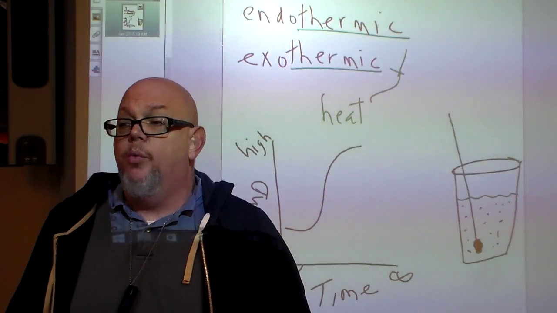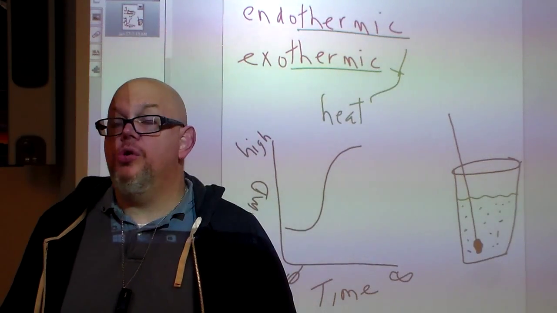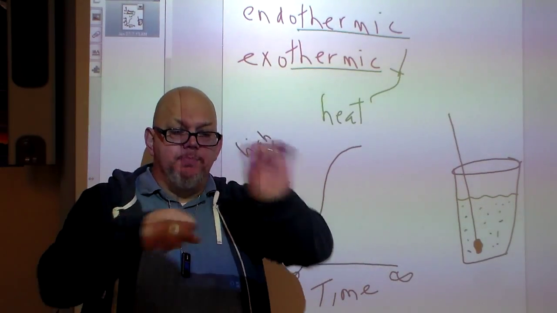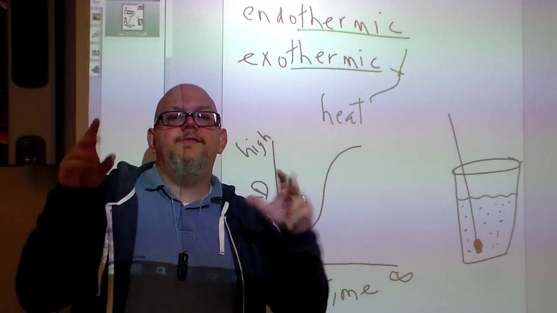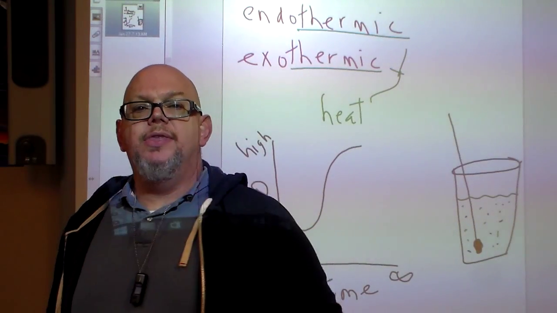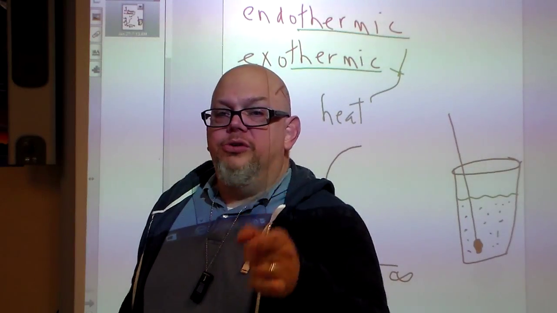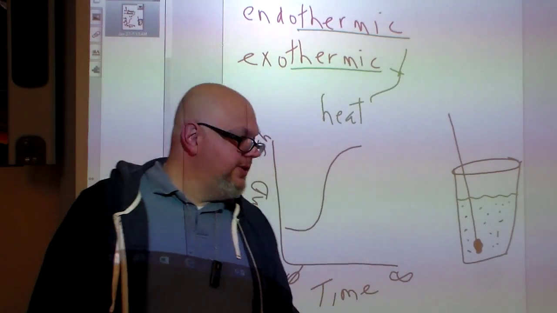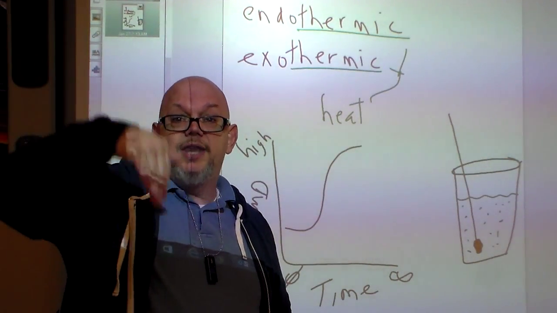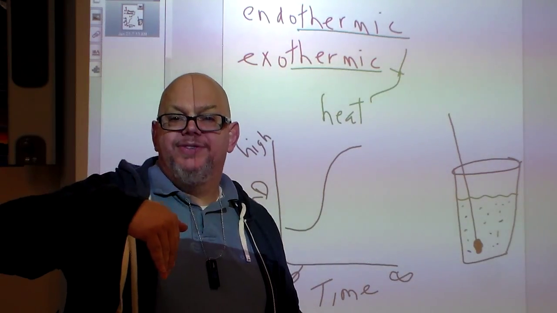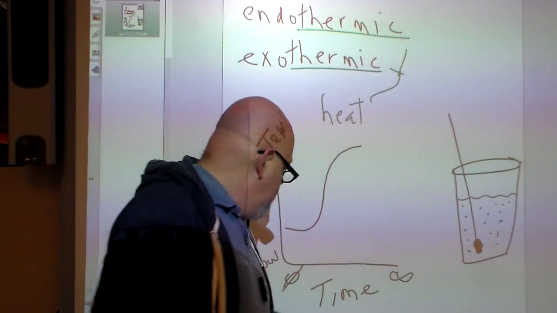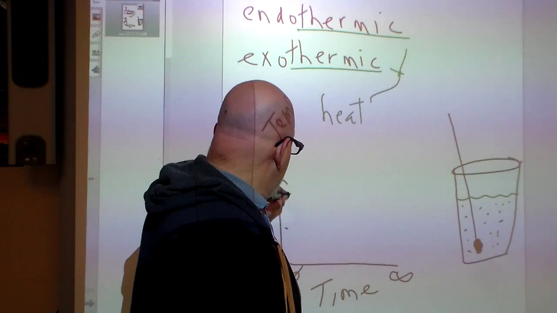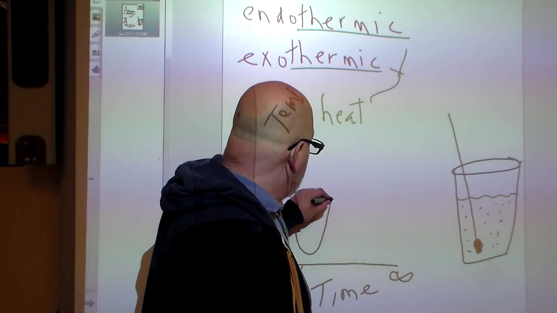Here's another one. We did this experiment earlier in the year, toward the very beginning, where we mixed baking soda and vinegar. And I had you guys mix it first so you could see that, ooh, it's all bubbly and fizzy, and then we repeated the reaction again, except this time we took a thermometer and monitored the energy changes. What you found was, in the energy change, you had a dip. You saw the temperature go down, and then it started to climb back up.